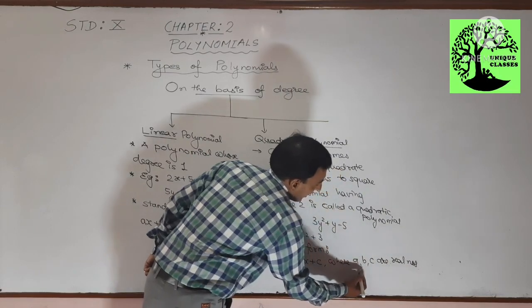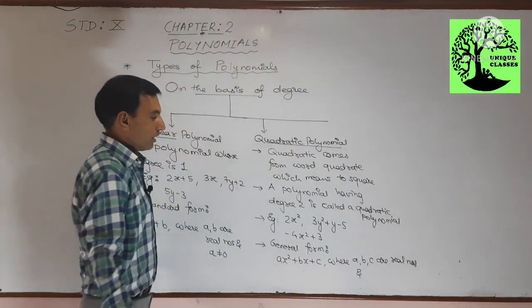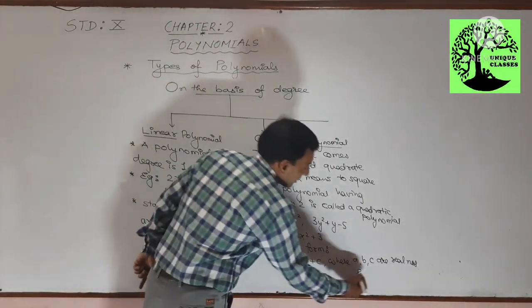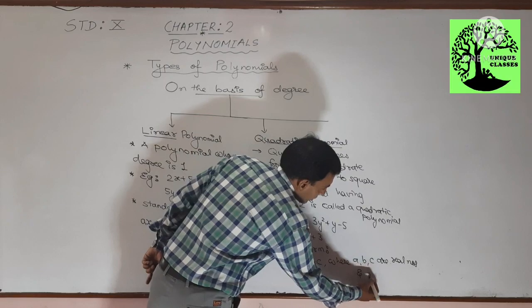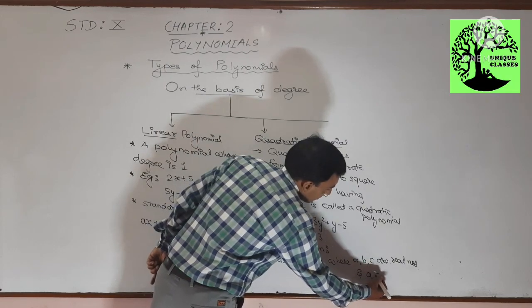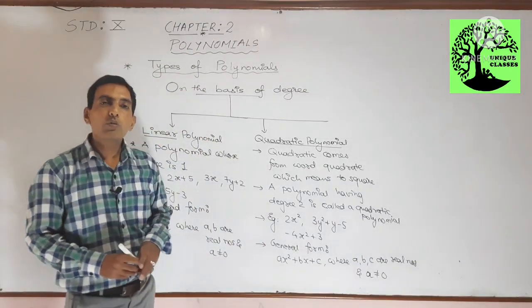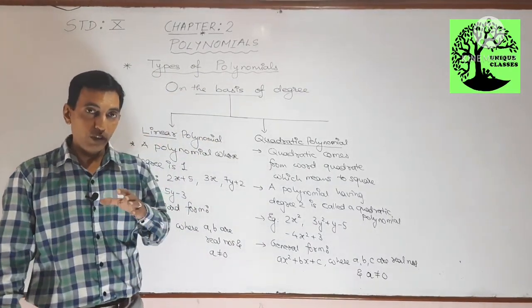Okay, student, and there is one other condition which must always be true, and that is a should not be equal to 0, student. a should not be equal to 0. This condition must always remain true.